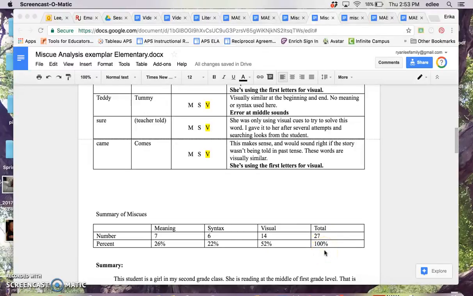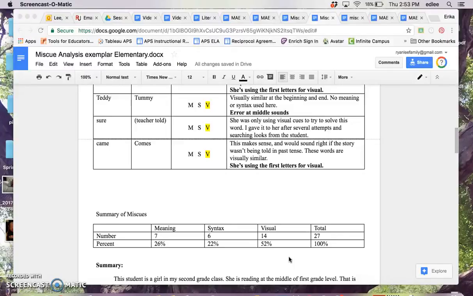A common misconception here is that students are making meaning errors when you mark a meaning use. This is not the case. This means at the student's point of error, meaning when they use the wrong word, what are they actually using to try to solve that?